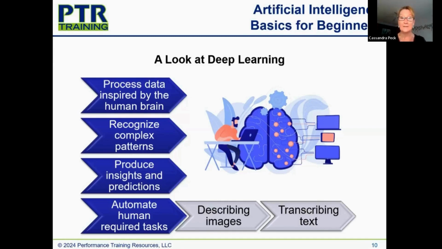The complexity of handling, because deep learning models can handle highly complex data representations and really extract intricate patterns from a vast amount of data. And this capability makes it really suitable for tasks, right? Such as what we were talking about, image recognition, natural language processing, and speech recognition, right?